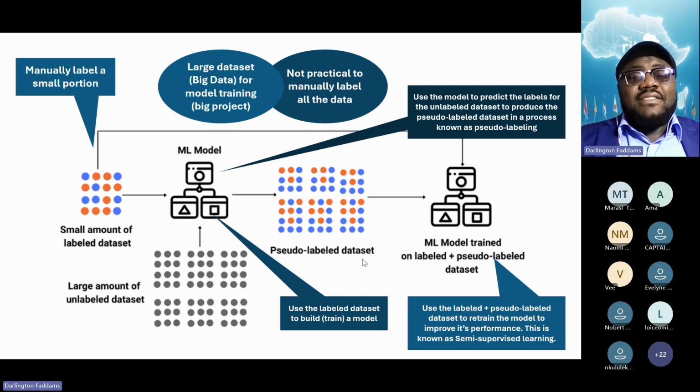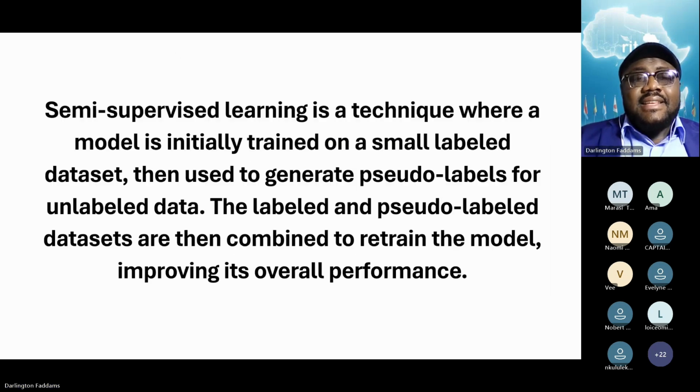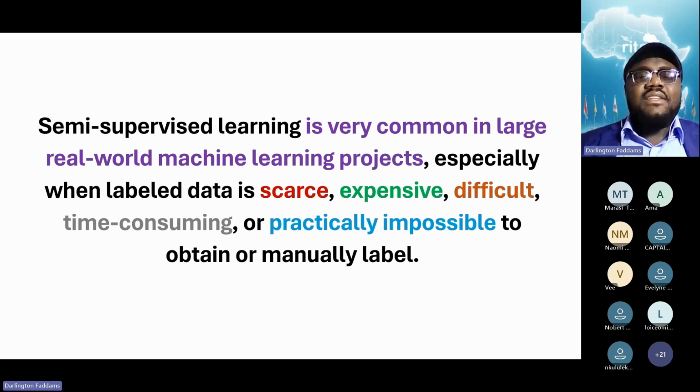The beautiful part of this type of learning is that it is actually very common in real-world, large machine learning projects. Because we all understand that with some of the data sets, it is practically impossible to manually get humans to label all of them.